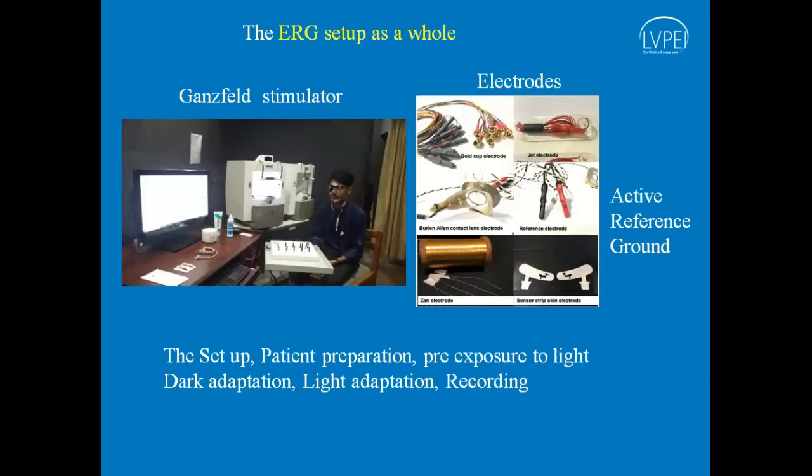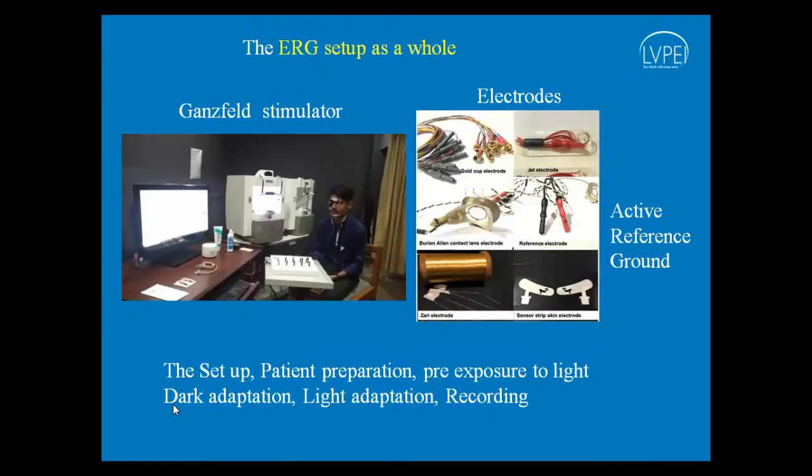So initially the subject's pupils are well dilated, and the patient remains in a dark adapted condition. Then after that, the stimulus of very low intensity, which is specific for the rod photoreceptors, is given, and the rod response starts, and slowly the stimulus strength is increased, and from dark adaptation the subject goes into a light adapted condition, and the cone photoreceptor systems are assessed.